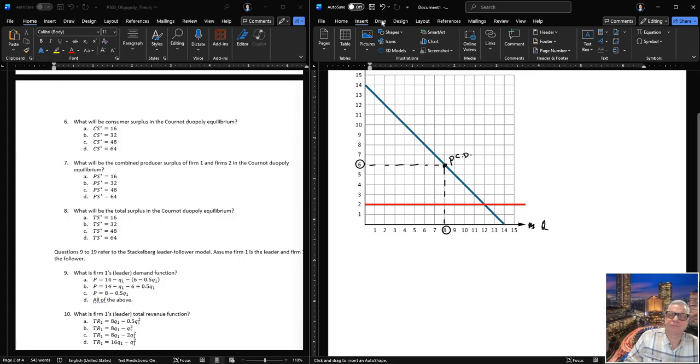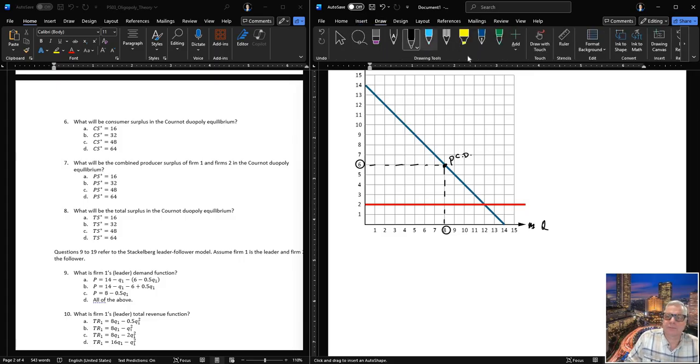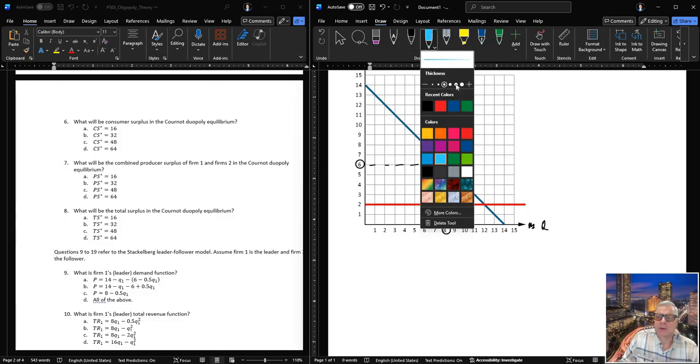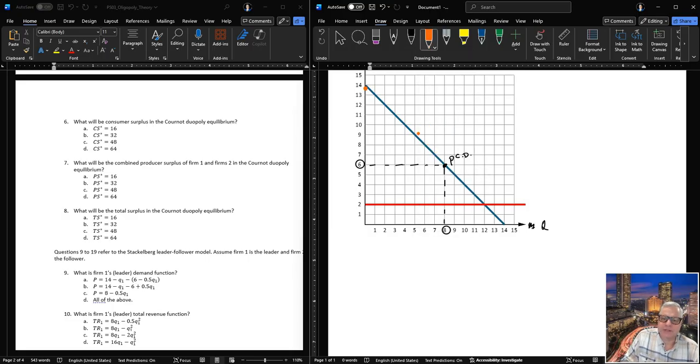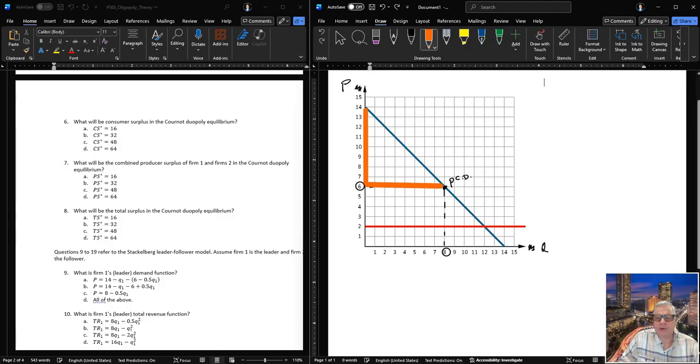It looks like I can't escape the drawing tool, so let's see if I can. So obviously total consumer surplus is 8 times 8, which is 64 over 2, so that's 32.